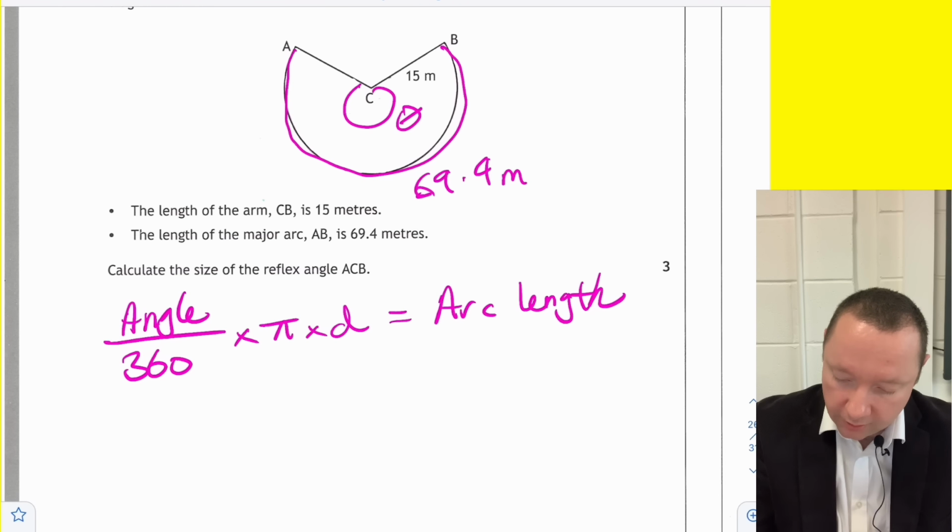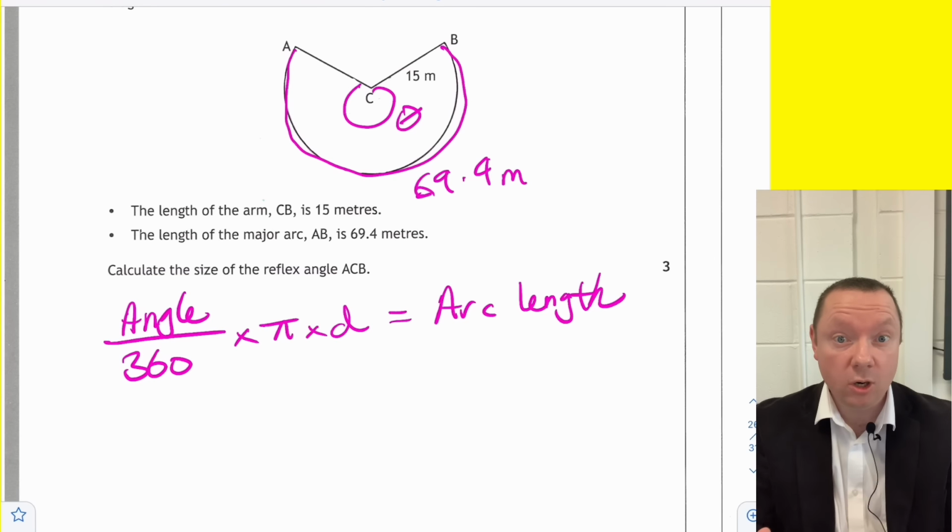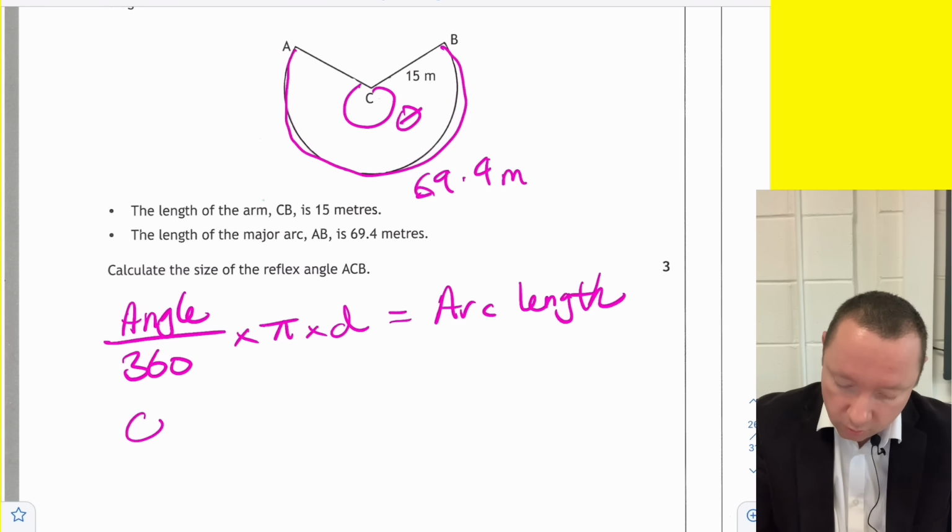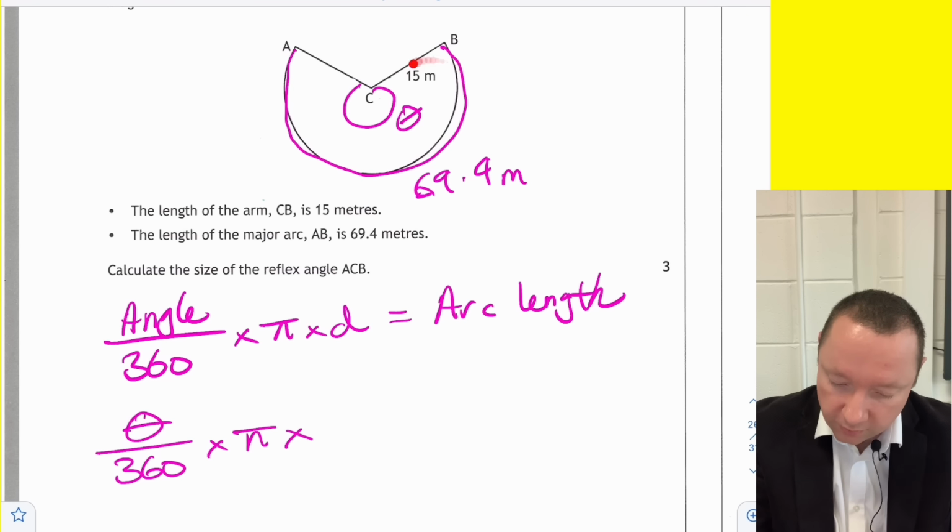Now I've already got the arc length, but I'm trying to find the angle, so I'll just substitute everything in and work backwards. So our angle, we'll just call it theta over 360 times pi times, be careful, your diameter is not 15, that's the radius, it's 30.